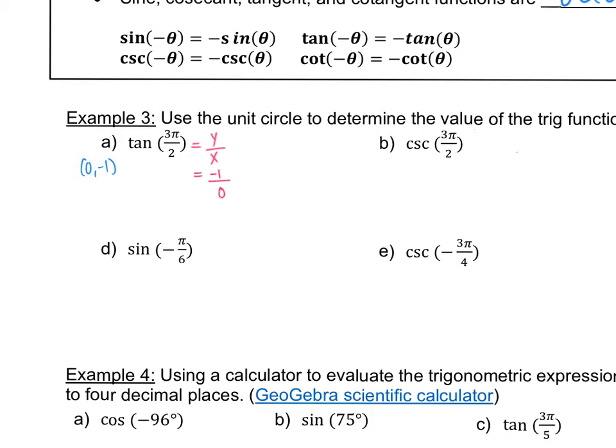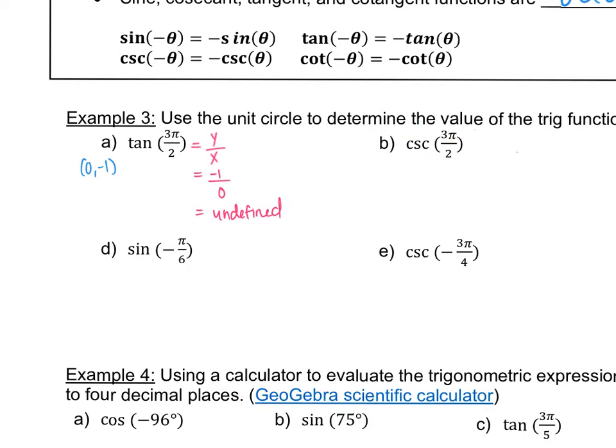So if I were to divide by 0, you can't. It causes things to be undefined, so my answer here is undefined. And that's it. So again, we're going to take our trig function and figure out what the coordinate point is at that angle. This is 3 pi over 2, so that's the same coordinate, which is kind of nice.